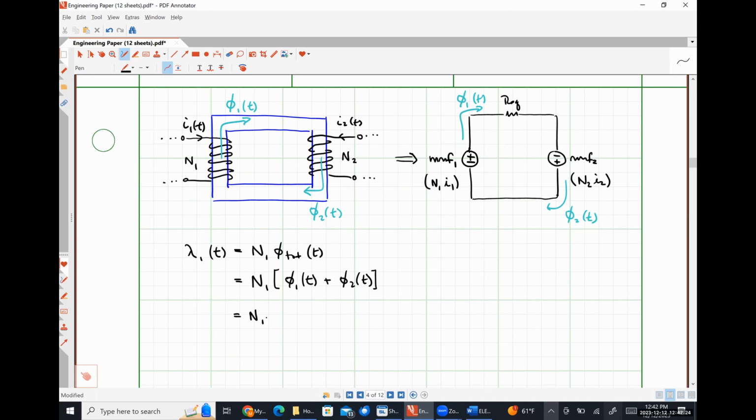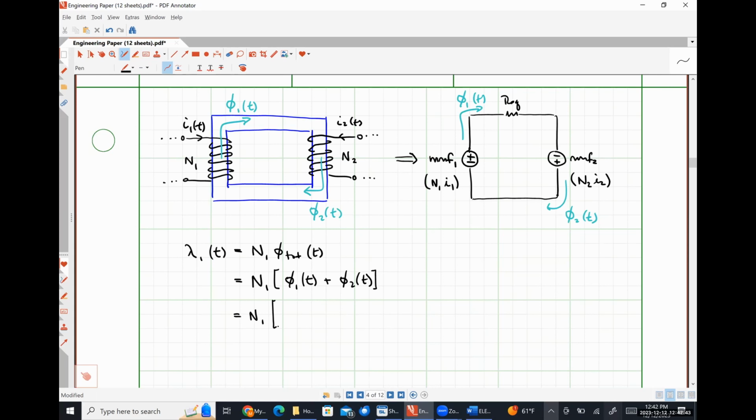So what is the magnetic flux generated by coil number one? Imagine that coil number two wasn't even in the circuit. It was turned off or it wasn't carrying any current, right? What would our magnetic flux from MMF1 look like?